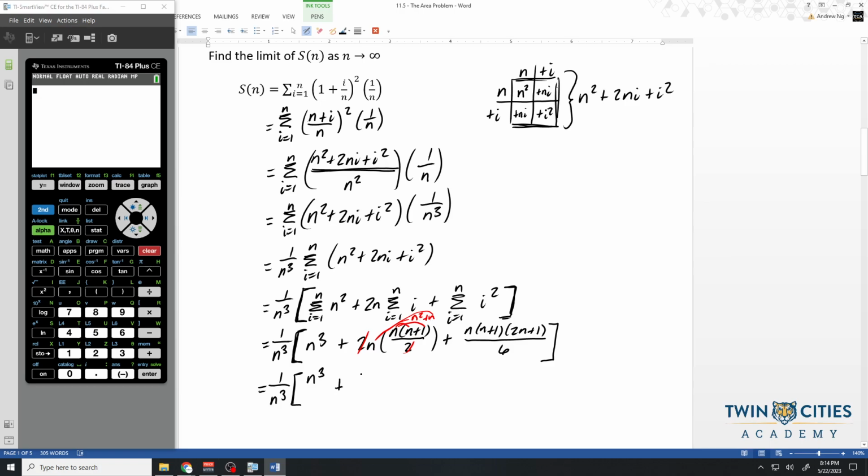I'm distributing another n, so this is n to the third plus n squared, plus, now distribute this. This is n squared plus n. And I'm multiplying this n squared plus n to this 2n plus 1. So what I need to do is another box over here.